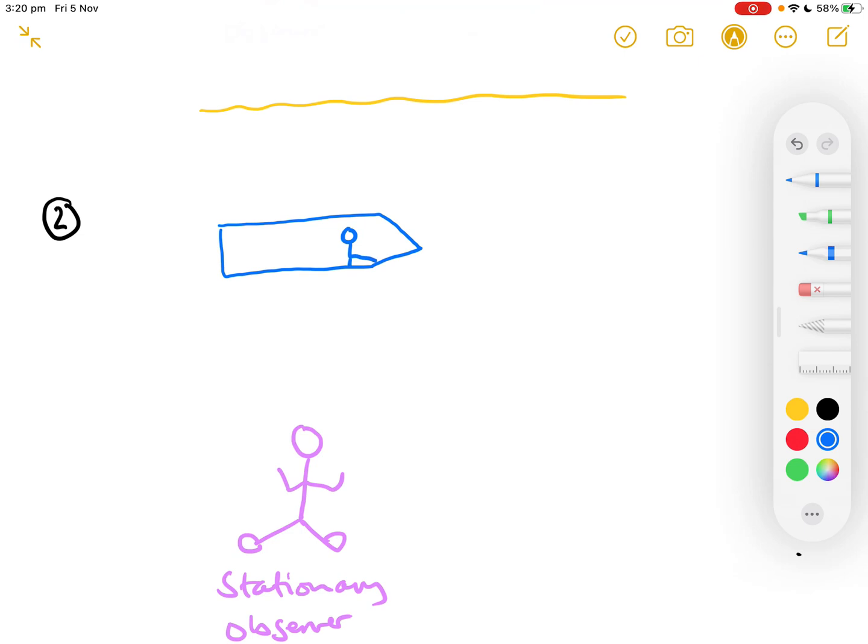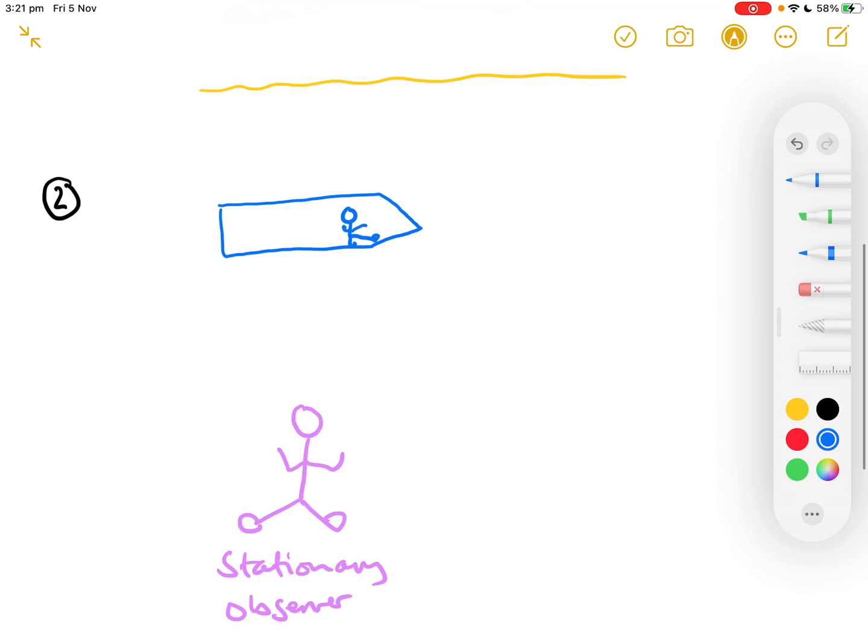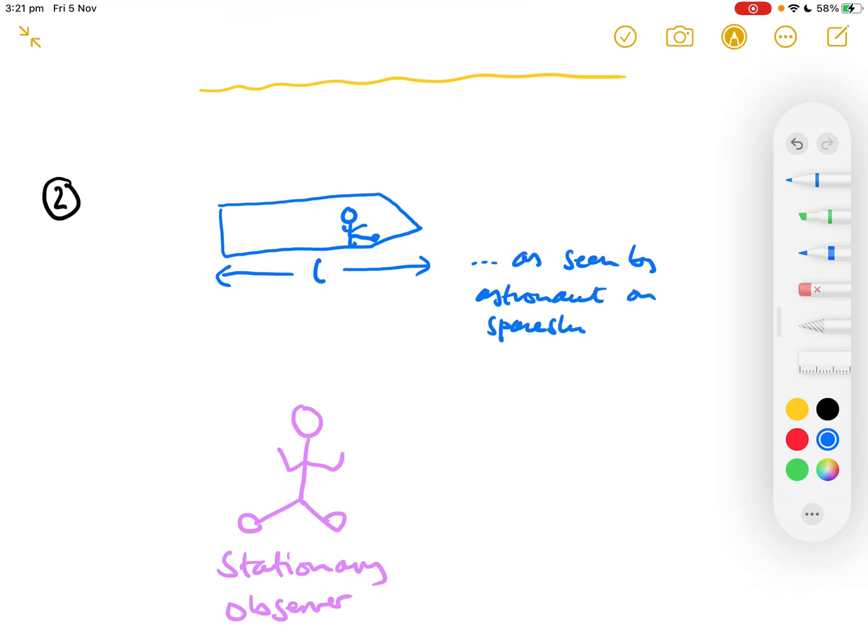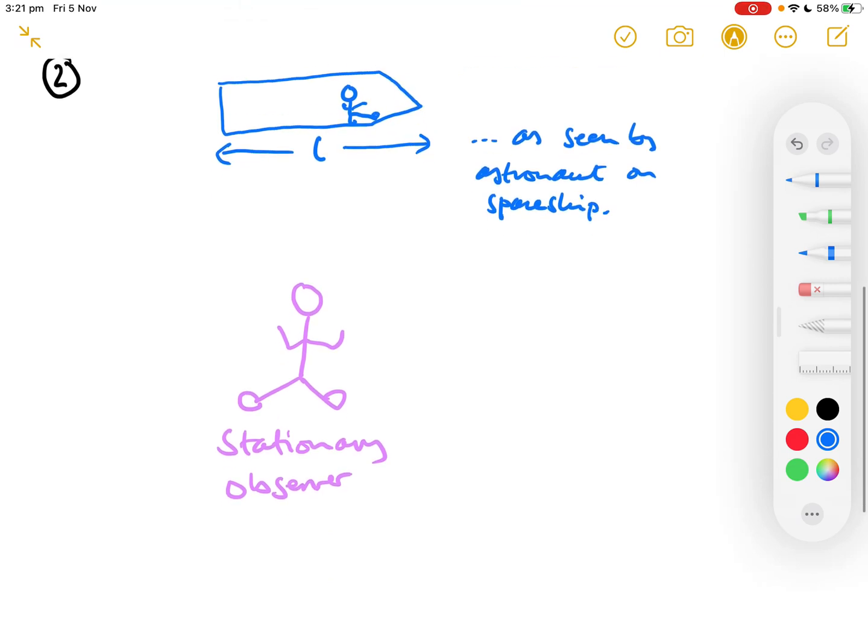Well, the astronaut on the spaceship, for him, everything is entirely normal. He just considers that the length is L, as seen by the astronaut on the spaceship.